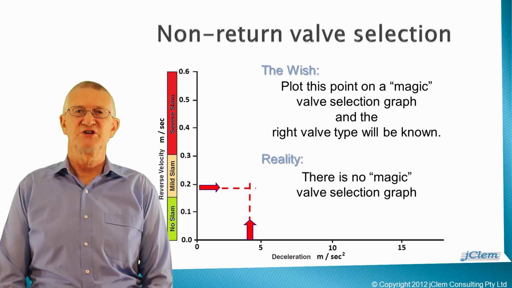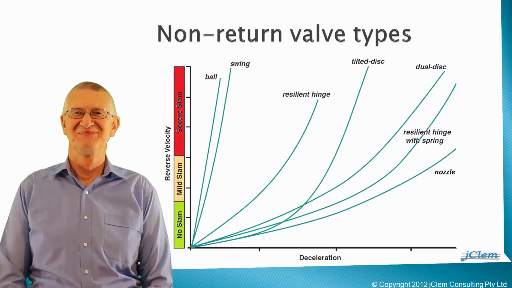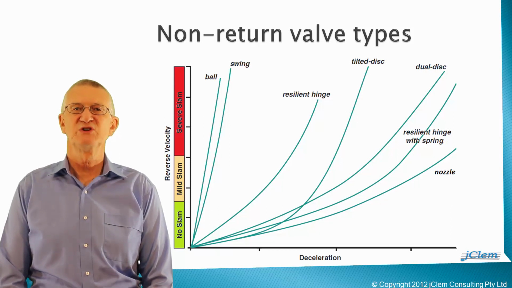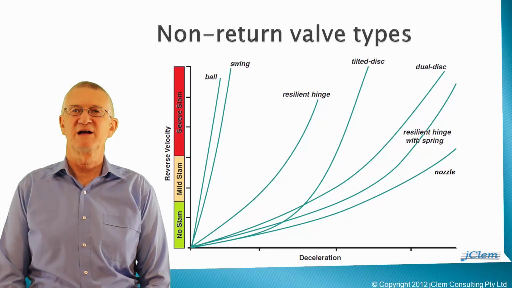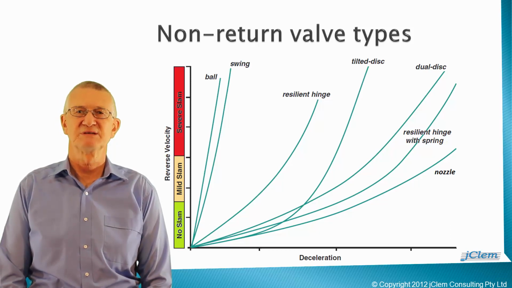Well, the safest engineering approach is to consider that there is no such reliable graph. Some conceptual graphs have been published, yet we should treat them as only being suitable for suggesting the qualitative relativities between the various types of non-return valves. Plus, we should then accept that not all valve suppliers agree with the relativities depicted on such graphs.